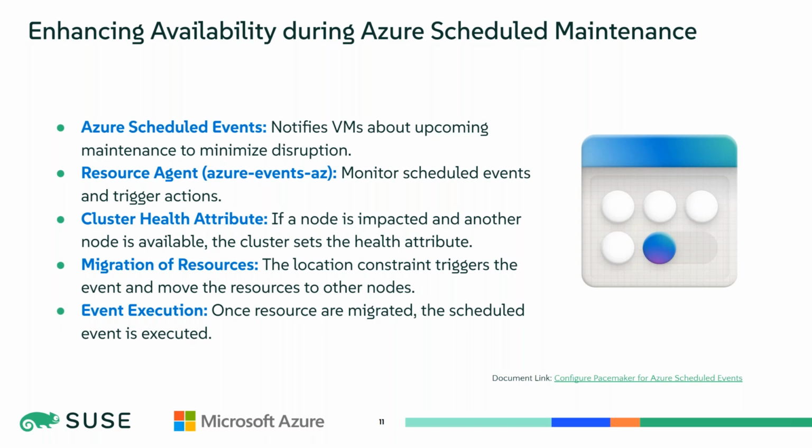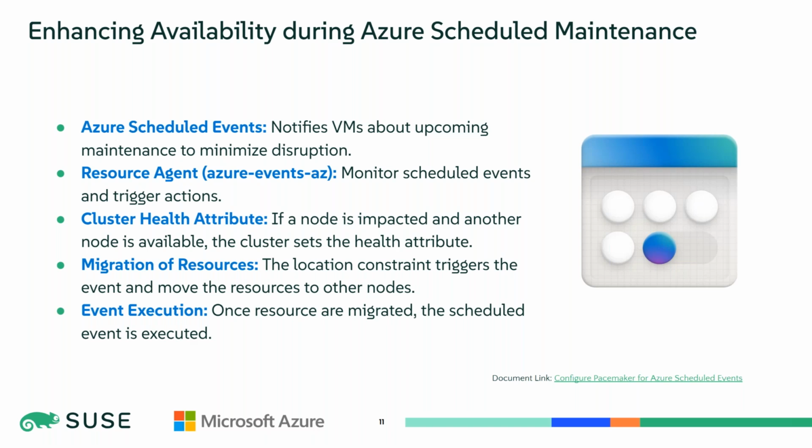Now this notification gives a lead time. It doesn't happen just by sending the notification; within 2 minutes it won't go for a reboot. It gives a lead time for the resources to move to another node, and then once the resources are moved, the event is executed.